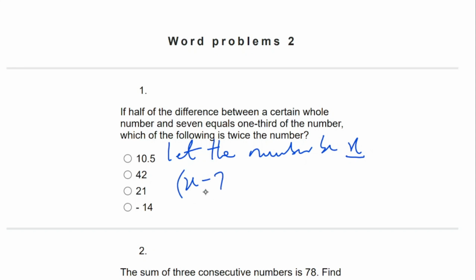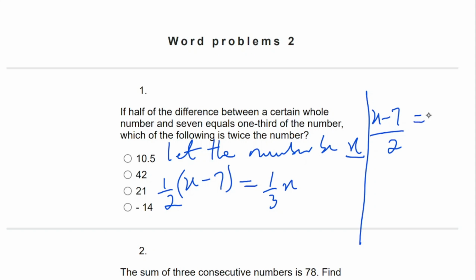Half of it, that is 1/2, equals 1/3 of the number, 1/3 of x. So that is the interpretation. Which means we can have it to be (x minus 7)/2 equals x/3.